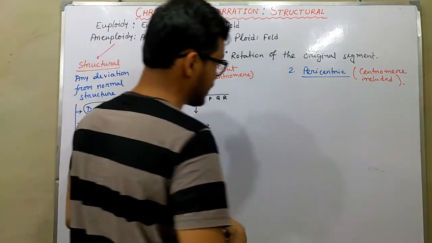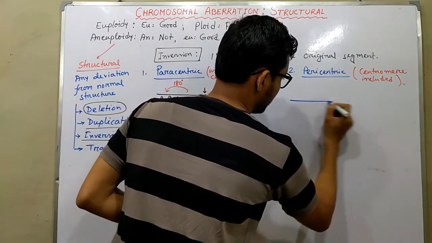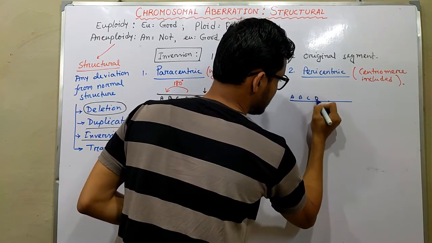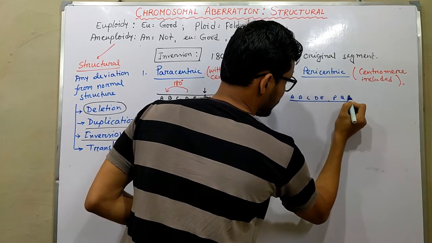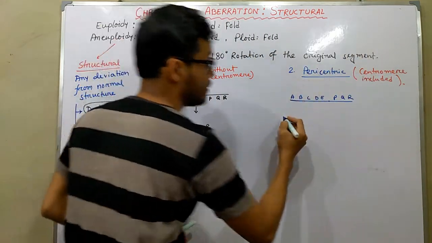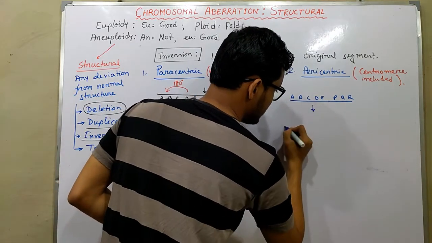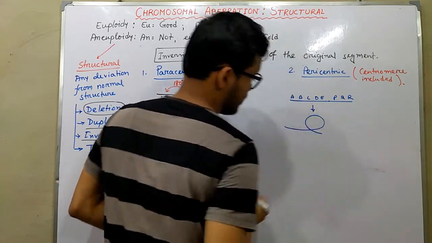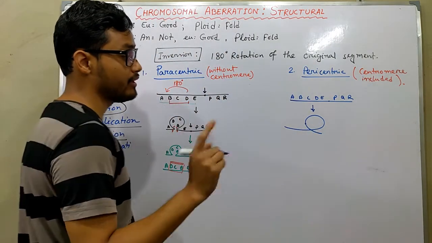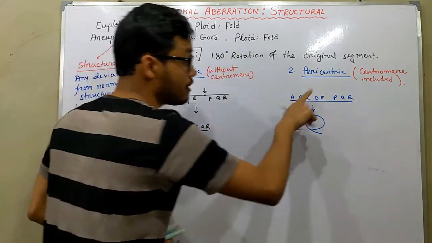But in case of pericentric inversion, we have A, B, C, D, E, P, Q, R. Here the centromere is involved, right? So the first thing is a loop. The centromere is involved here. The loop is formed between the long and short arm.